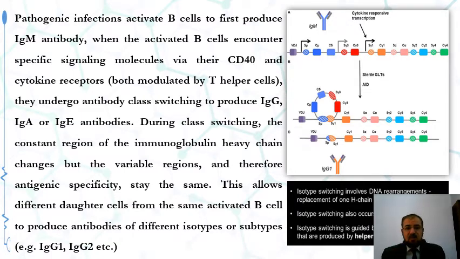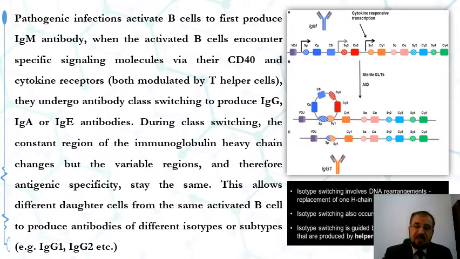The change will be in the Fc region of the antibody only. There is no change in the variable region. Changing the Fc region means changing the mechanisms by which the antibody will react against the antigen. But changing the variable region means changing the specificity, which is very dangerous and will never happen.